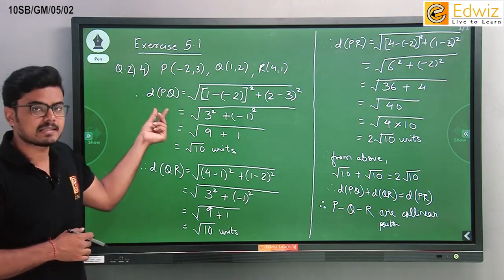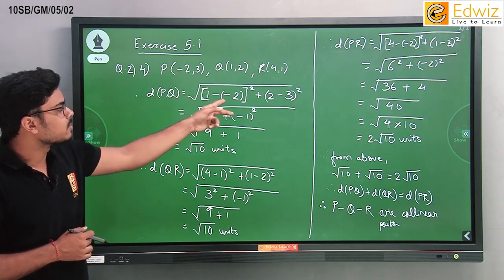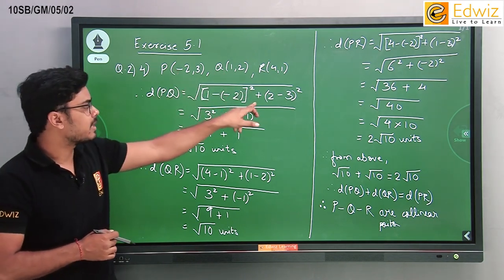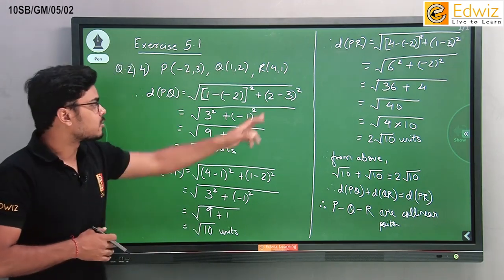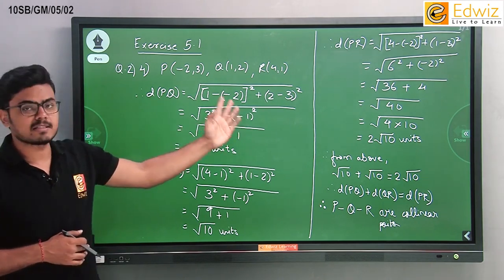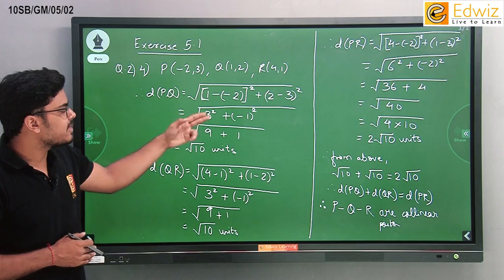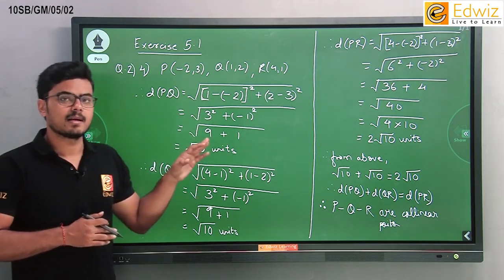So first we found out distance PQ using the distance formula, that is 1 minus minus 2, x2 minus x1, the whole square, plus 2 minus 3, again y2 minus y1, the whole square. 3 square plus minus 1 square, this is what we are getting. Finally when we solve this, we get the distance PQ as square root of 10 units.